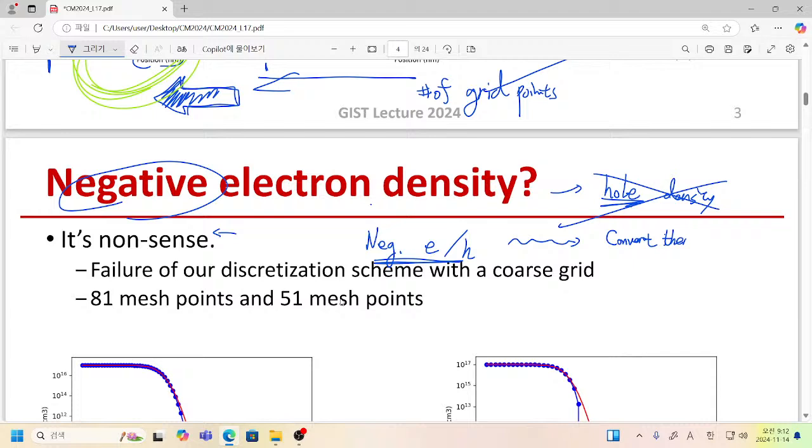them into positive ones manually. So how can you do that?